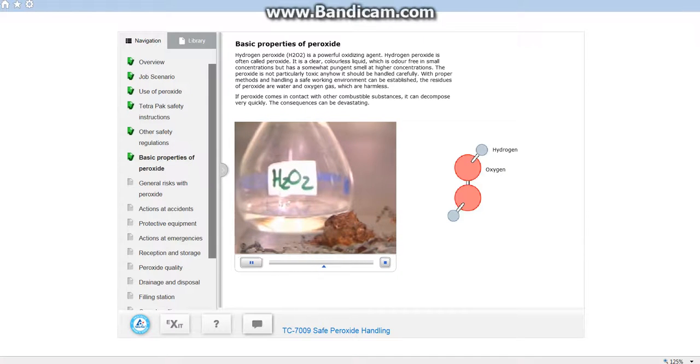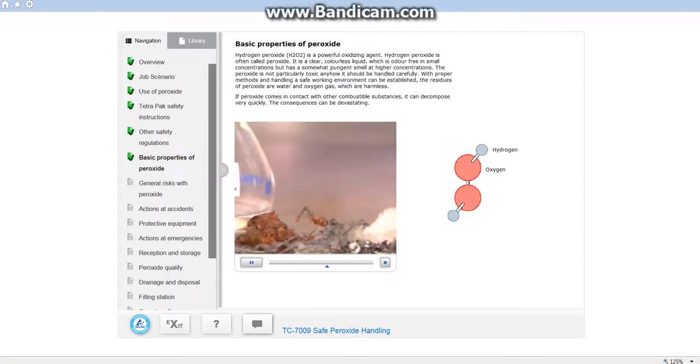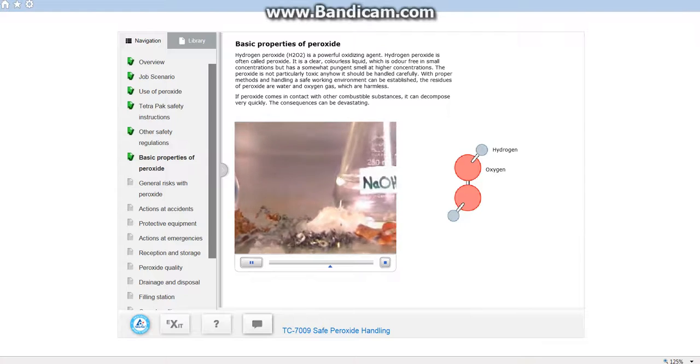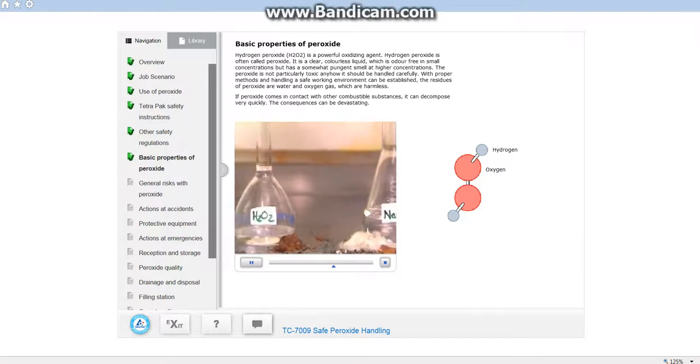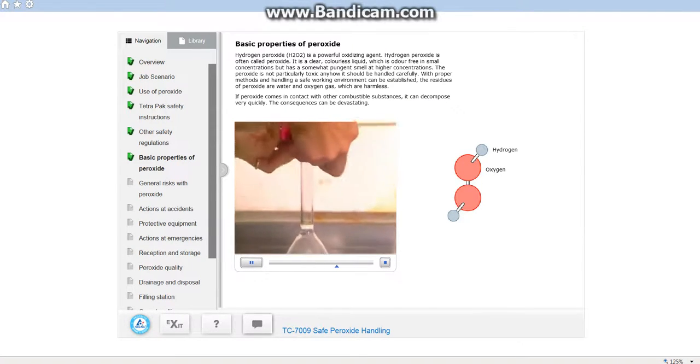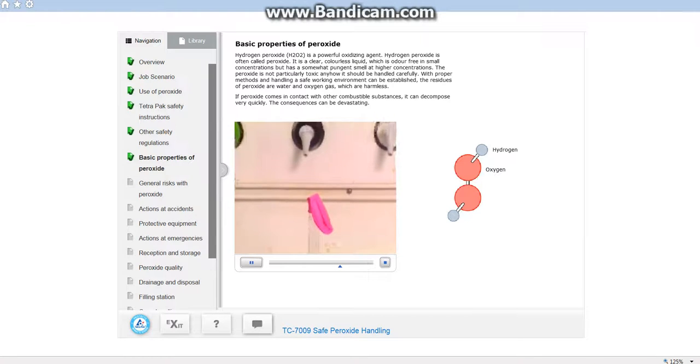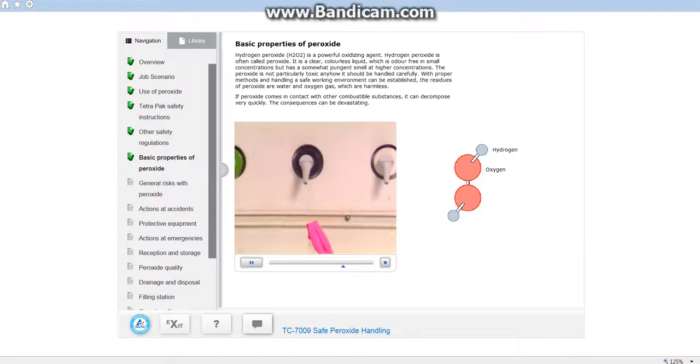If peroxide comes in contact with lubricants, various metals, metallic salts, ammonia, or lye, it can decompose to form water and oxygen. This reaction takes place very quickly, creating great heat and producing oxygen gas.